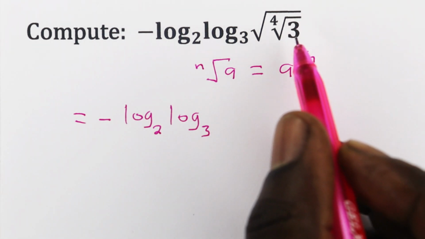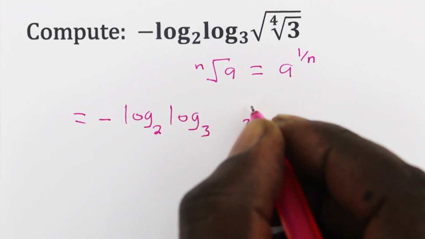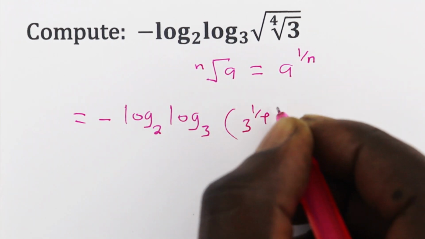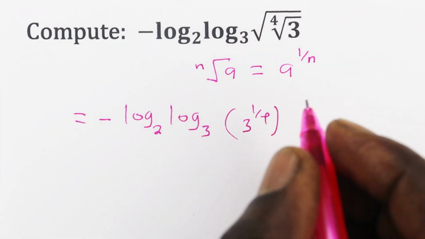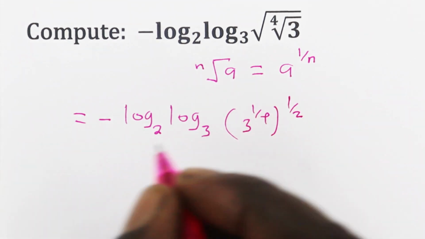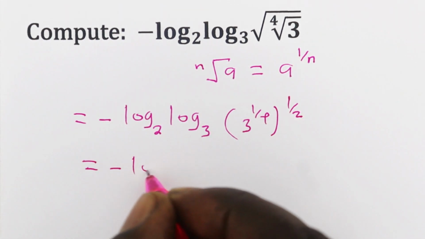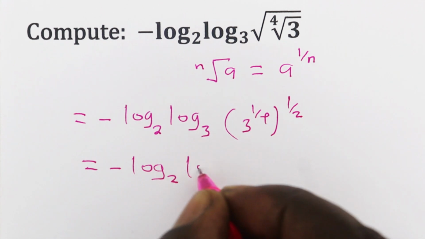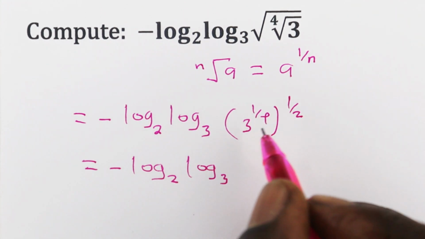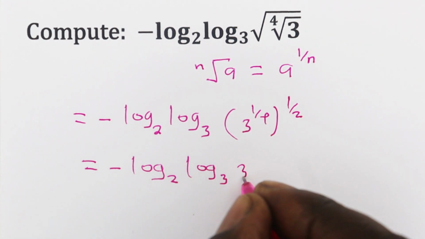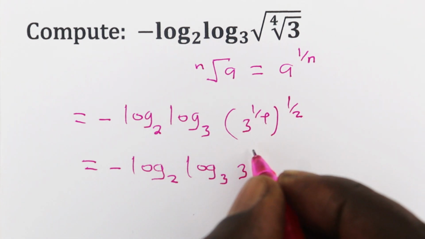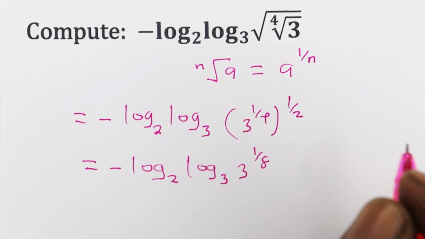So the inner one is going to be 3 raised to power 1 over 4, and then there's the square root again, which is just 1 over 2. So what we have is the negative of log to base 2 of log to base 3 of 3 raised to the power, then just multiply the powers, and that will be 1 over 8.